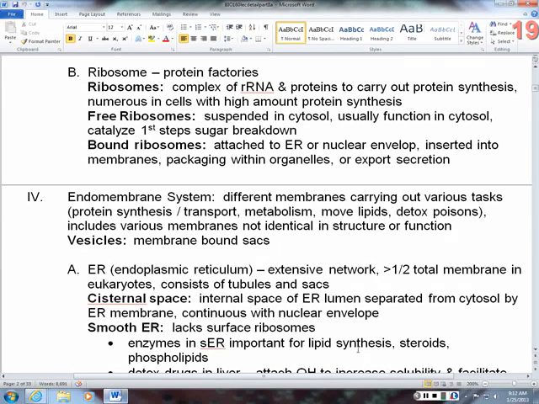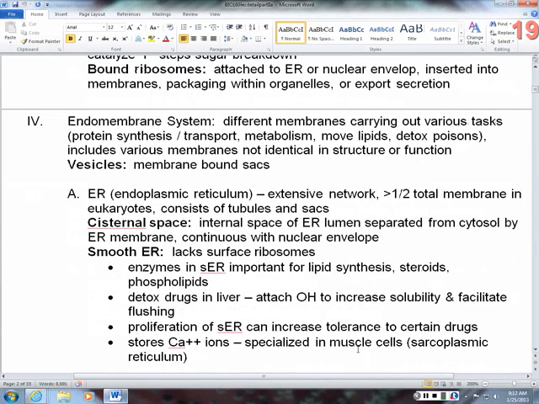So your endoplasmic reticulum is the extensive network. It's about half, or a little more than half, of the total membrane in most eukaryotes. What it looks like is you've grabbed this long bunch of membrane and let it wind back and forth and shoved it inside the cell.